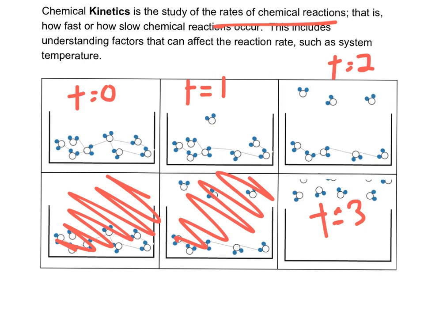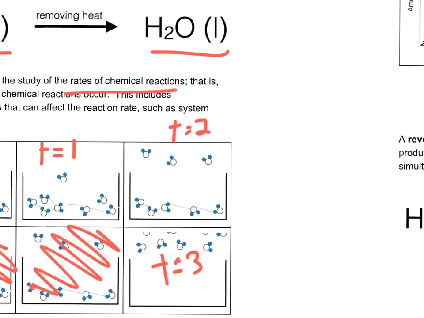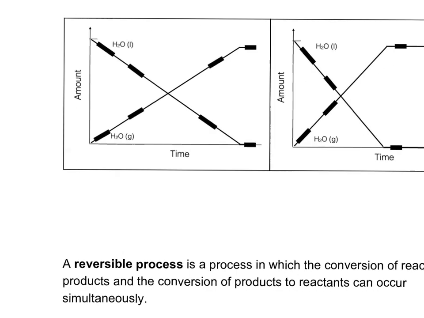So maybe it would be T equals 0, T equals 5, T equals 10, T equals 15. So we're seeing here that with this physical process that we have some understanding of, temperature indeed affects the rate at which the process occurs. And so we can make graphs of that as well.